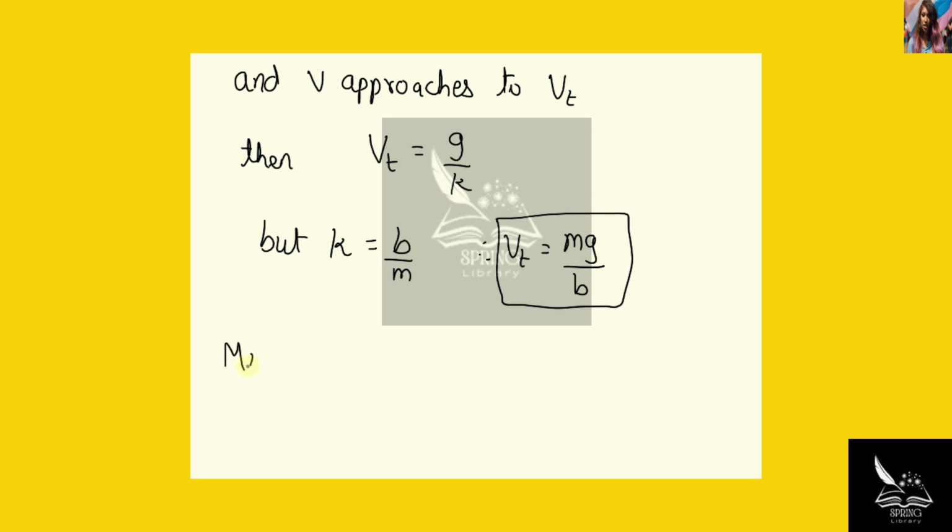Now method 2. I know one thing: at terminal velocity the acceleration is 0. Terminal velocity is a constant velocity, and at constant velocity the acceleration becomes 0. So I have this equation, mg minus bv is equal to m times a, but the acceleration is 0.